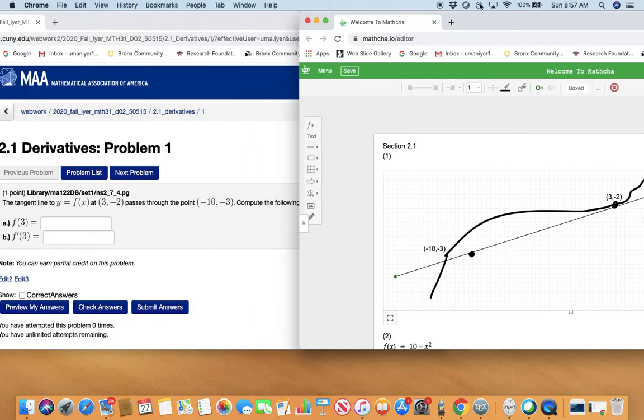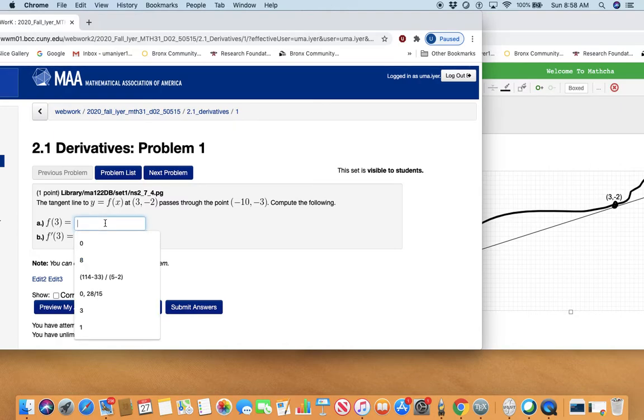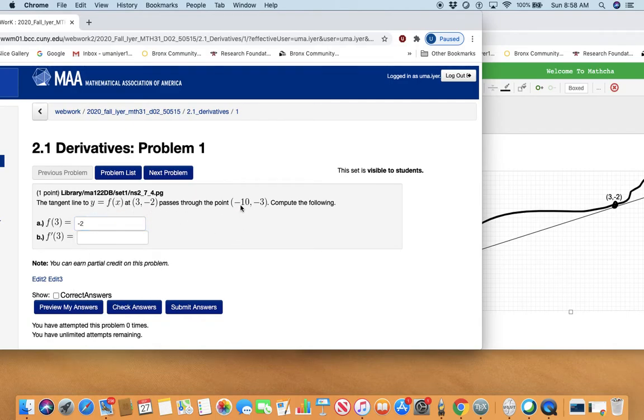So what does that mean? The first point is on the curve means when x is 3, the y coordinate is -2, but the y coordinate is f of the x coordinate. So f of 3 has to be -2. Now this tangent line passes through this point and this point, right? So what is the slope?